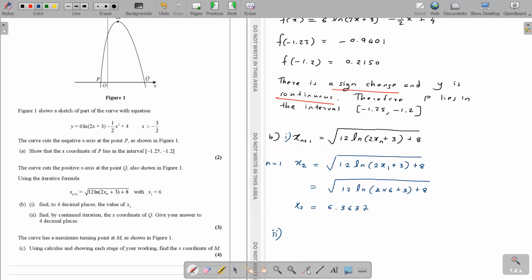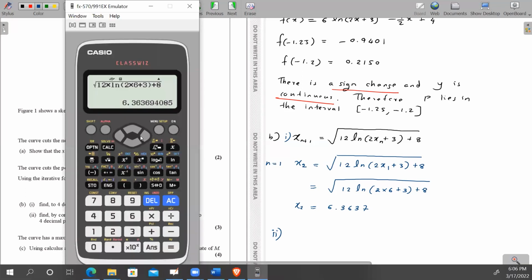So what do you mean by continued iteration? You keep on iterating, getting x3, x4, x5, until you get an iteration where the answer becomes solid at 4 dp. Now you have already typed the equation in the calculator, and I got the x2 answer here.